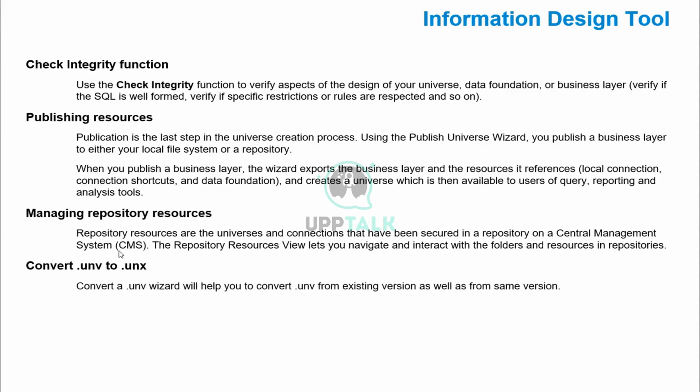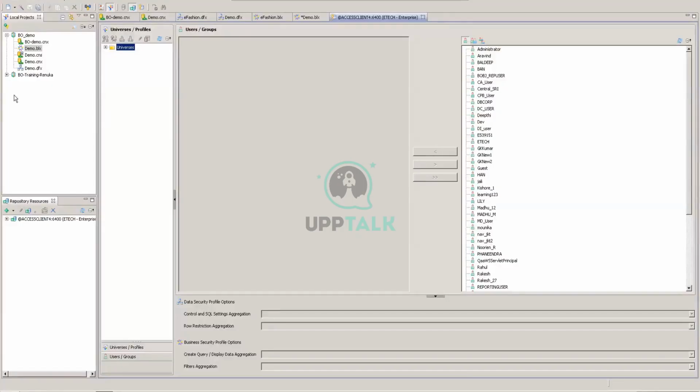For this also, we have three servers for three different systems: development, quality, and production. The repository resources view lets you navigate and interact with the resources and repositories. I'll show you.